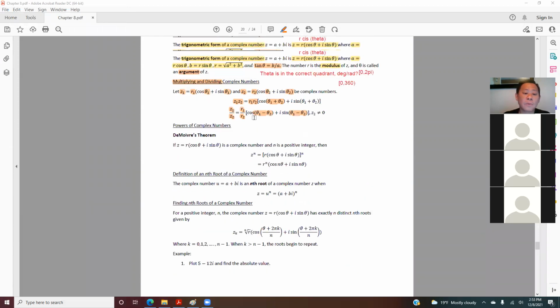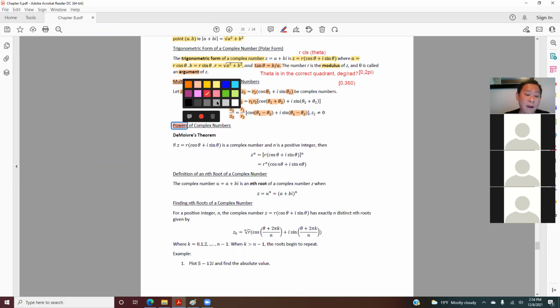Powers means you square or you raise it to the power of n. So if you have this z in the trigonometric form and you wanted to raise it to any power, 2, 3, 4, you take the whole thing and raise it to the power of n.